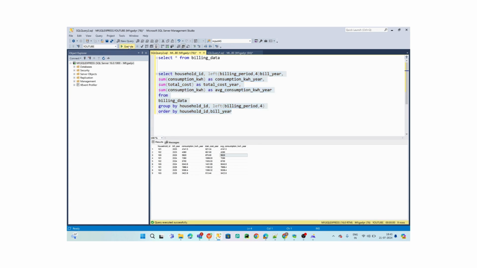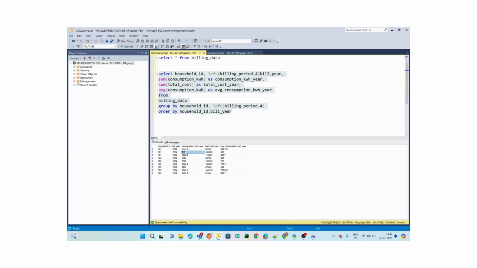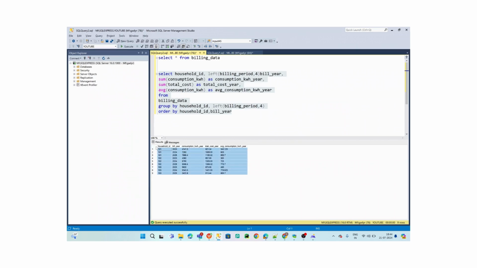Let me run now. Here I did the sum, but this should be average. Average of consumption, the last column. Now 345, 345, 621, 621, then 4141. Yeah, we got the expected output.